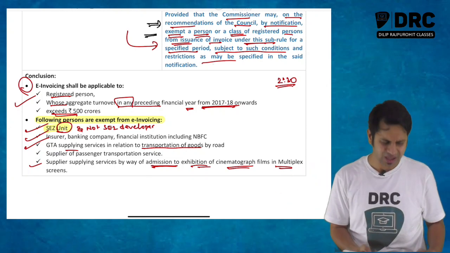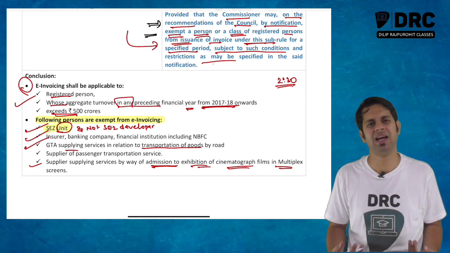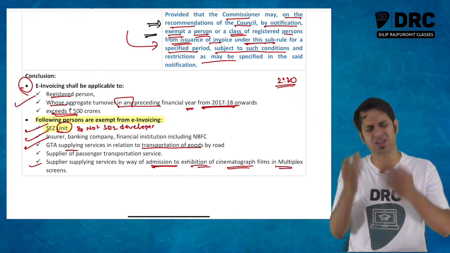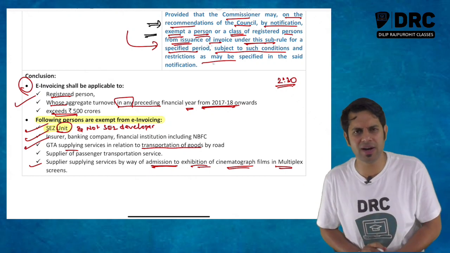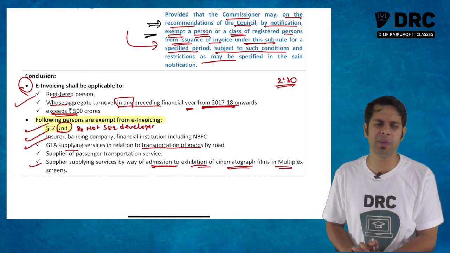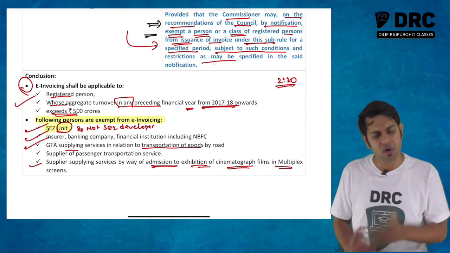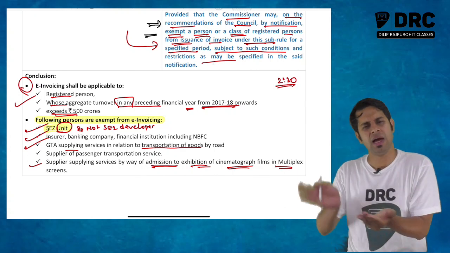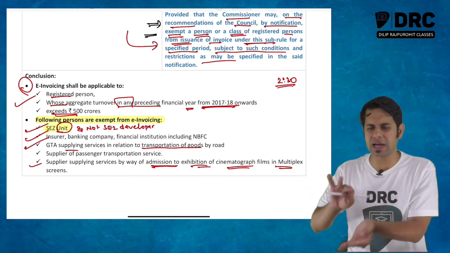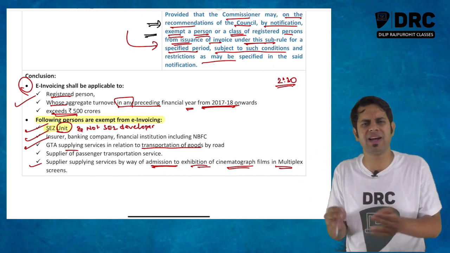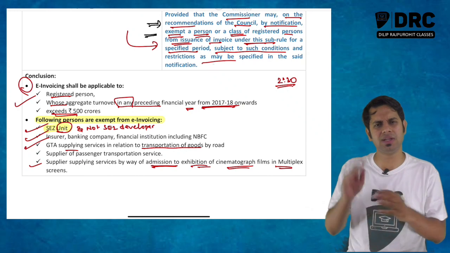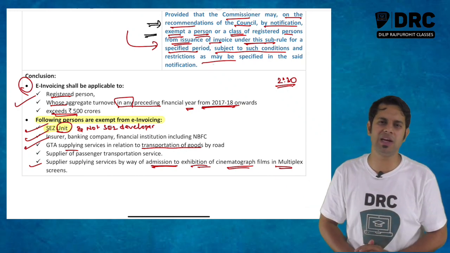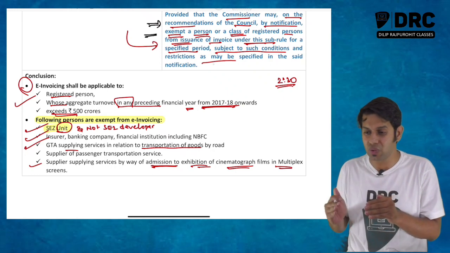Then transportation of passengers, sir. Now SRS Travels, Indigo Airlines, etc. Obviously their turnover will be more than 500 crores. Now, for whatever invoice they give you, many people will book tickets, then cancel the ticket, book the ticket, cancel the ticket, etc. If they start generating e-invoices for each and every person, their compliance work will be too much.